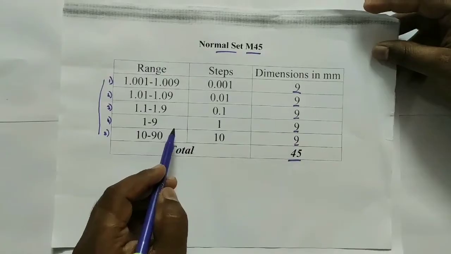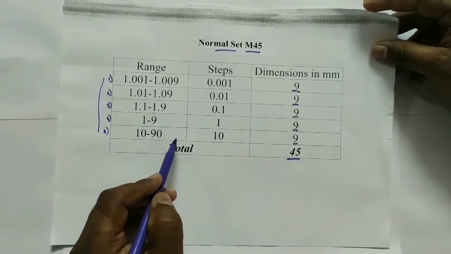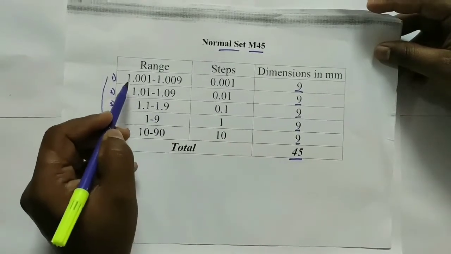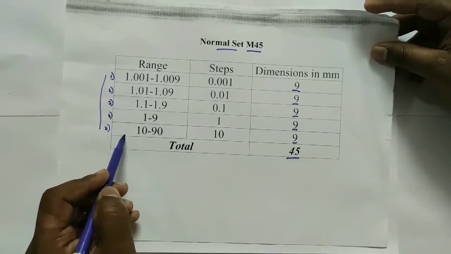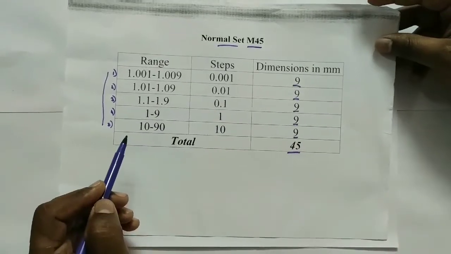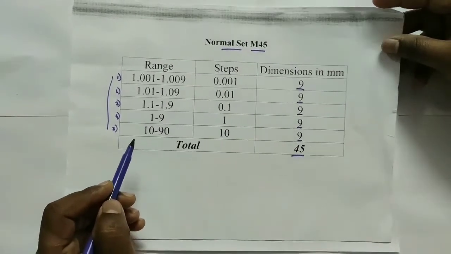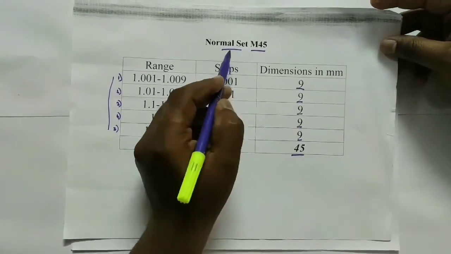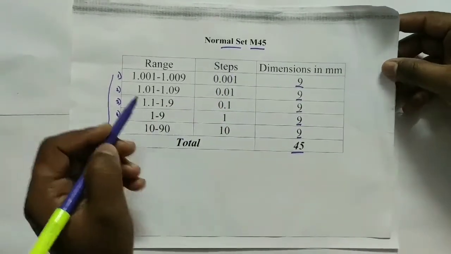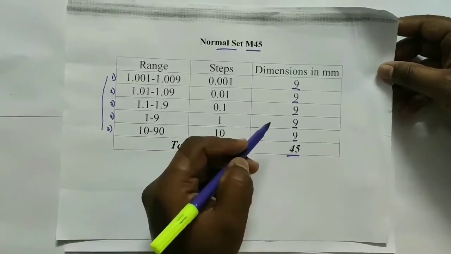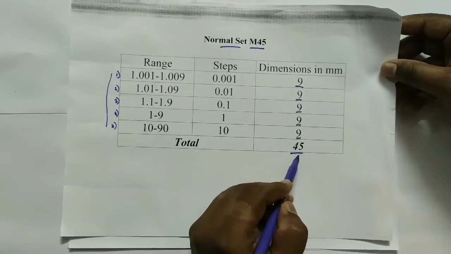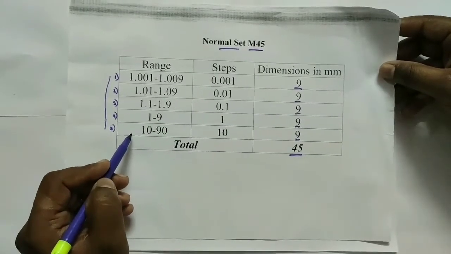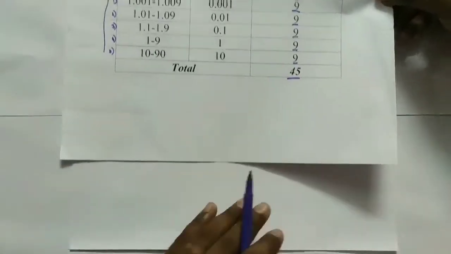By using these 45 slip gauges we are going to build a dimension, taking the slip gauges from these 5 ranges only. So first we'll take one example to build a dimension by using this normal set. You can see how many slip gauges are available in these 5 ranges.